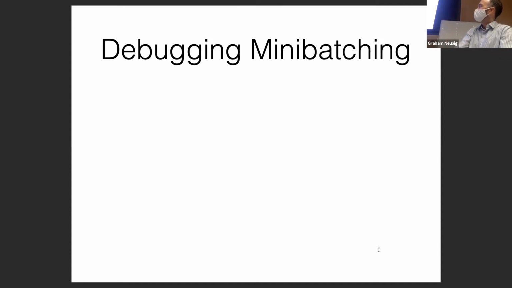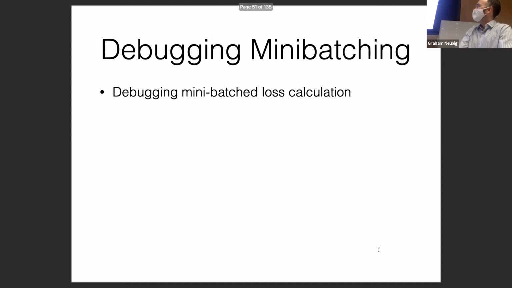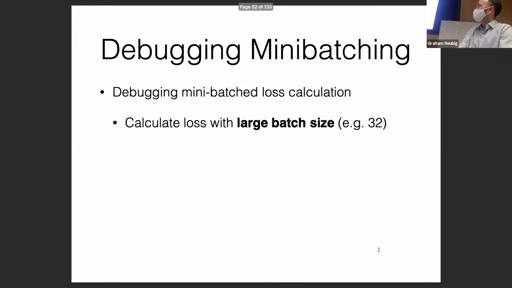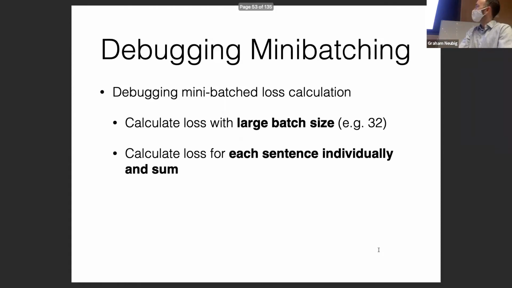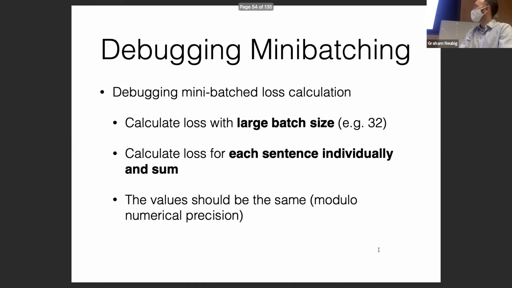So how can you debug whether your training and test time losses are different? First, if you want to debug mini-batched loss calculation, you can calculate loss with a larger batch size, like 32, like what you're using during training. Then you calculate the loss for each sentence individually, or maybe you reduce your batch size to 2 and calculate the same loss.